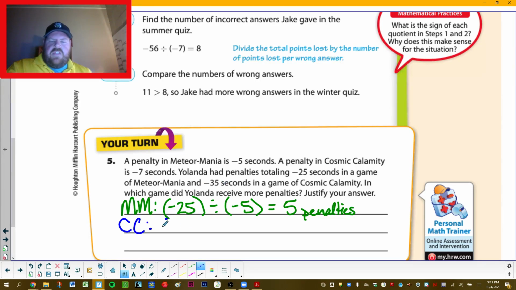For Cosmic Calamity, she had a total of negative 35 seconds lost, and she loses 7 seconds per penalty. So negative 35 divided by negative 7. So think of it in multiplication. I think that is the easier track. Negative 7 times what gives me negative 35? That's also going to be 5 penalties.